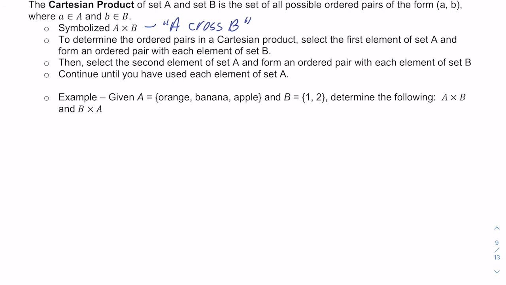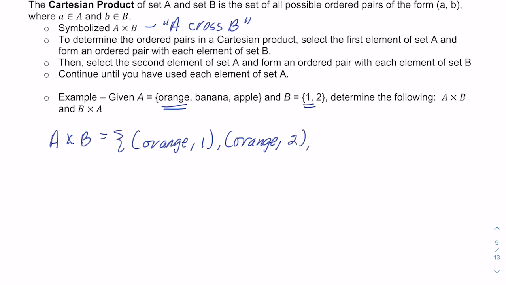So what I'm going to do is find A cross B. I'm going to first take the first element of set A, orange, and form an ordered pair with each element in set B. So the first element is 1. And then I'm going to go back to orange, and match it up with the next element in B, which would be 2.